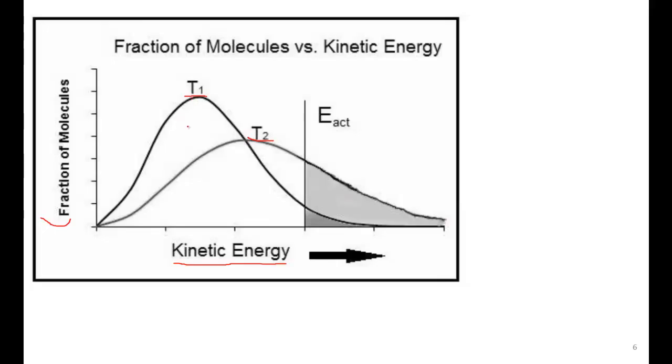The area under both curves is exactly the same because they all represent a total of 100% of the molecules. But what happens when I have a higher temperature is I now have, originally I had this portion of the molecules that had sufficient energy to overcome the activation energy barrier. Now I have a much larger distribution.